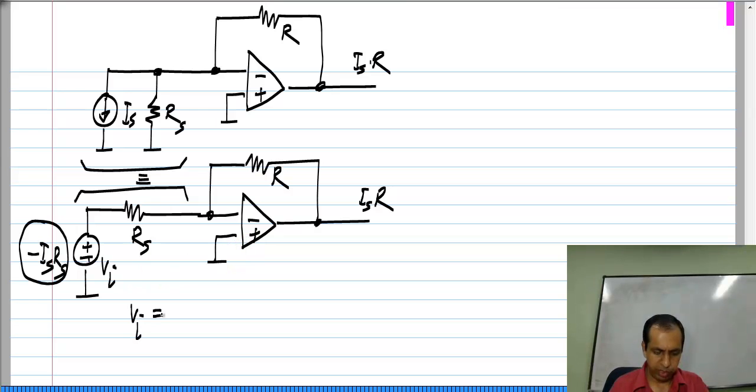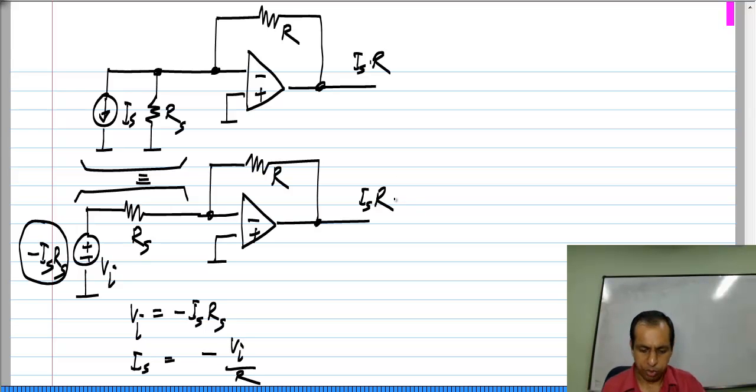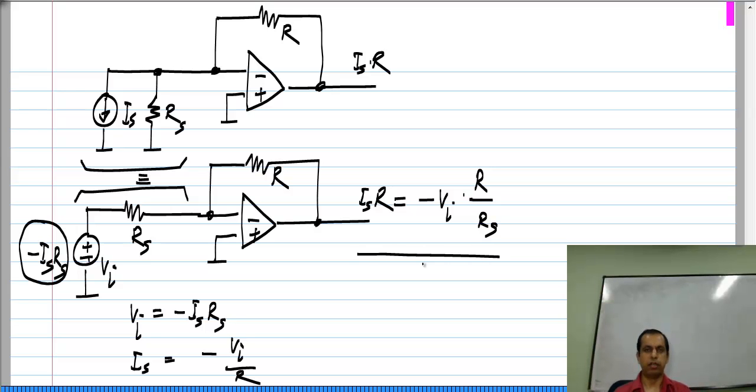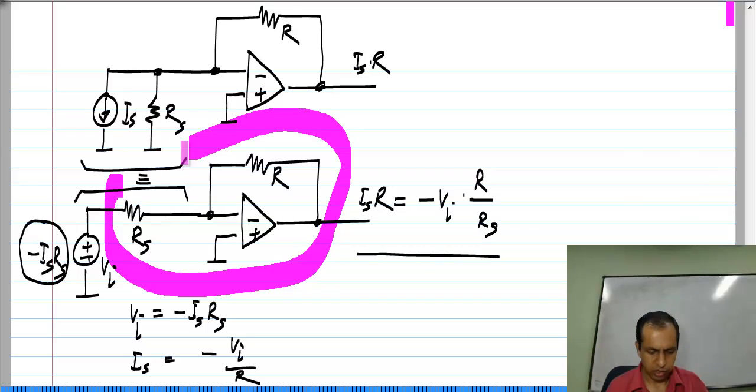Then Vi will be minus Is Rs and Is will be minus Vi by R. Substituting that in here, I will get the output voltage to be minus Vi times R by Rs. Okay. Now, this circuit is known as the inverting amplifier.